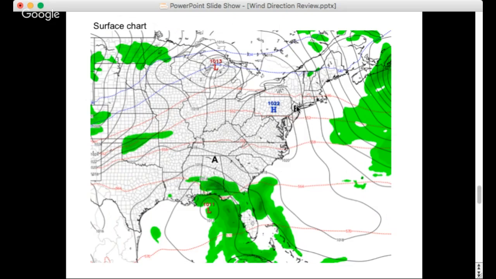Now, if we make our correction for friction, or 30 degrees away from high pressure, that means the winds are primarily out of the northwest over New Jersey in this map. So again, it's very important to know whether or not you're looking at the surface or the upper air, because that helps you determine which correction you would need to apply, if any.